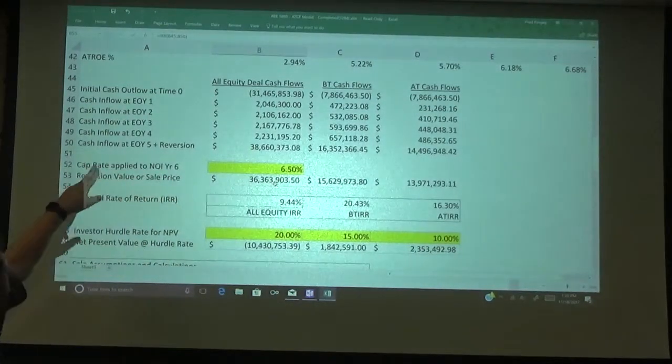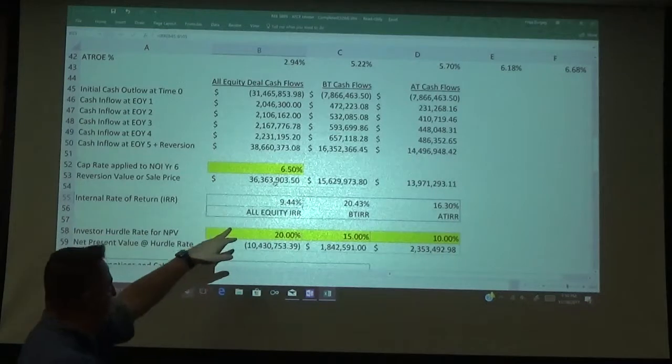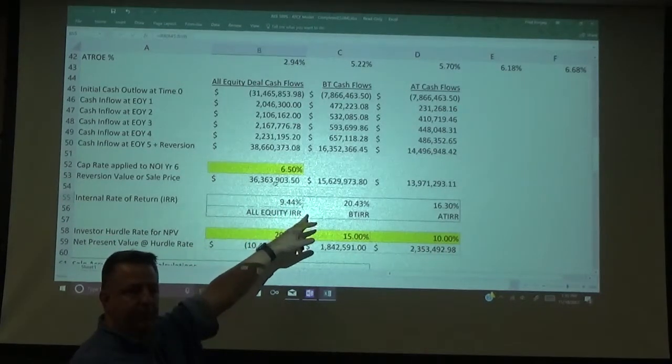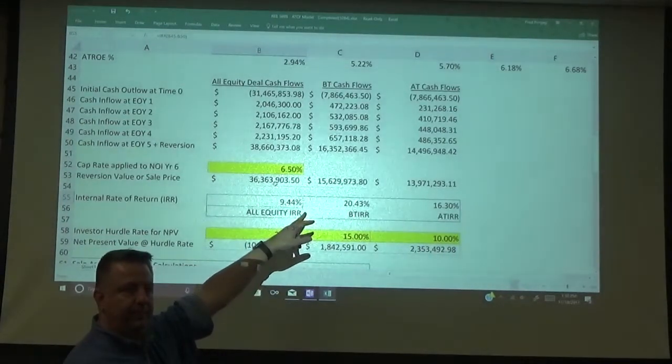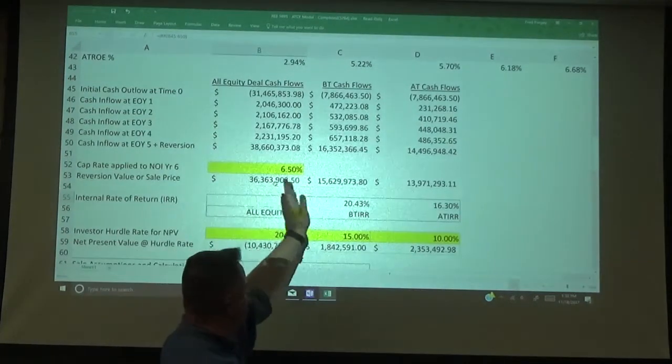Your initial cash outflow is going to be the $31,465,853 as a negative cash outflow, and then all of the subsequent years as positive cash flows. Solve for internal rate of return, and you should get the 9.44. Okay, make sense? And you would apply the same approach for the others.